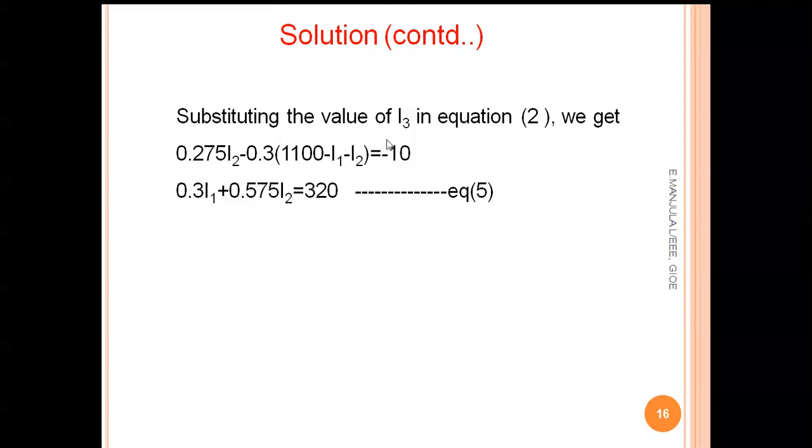Then substitute the value of I3 in equation 2, and solve it. We'll get 0.3 I1 plus 0.575 I2 is equal to 320.